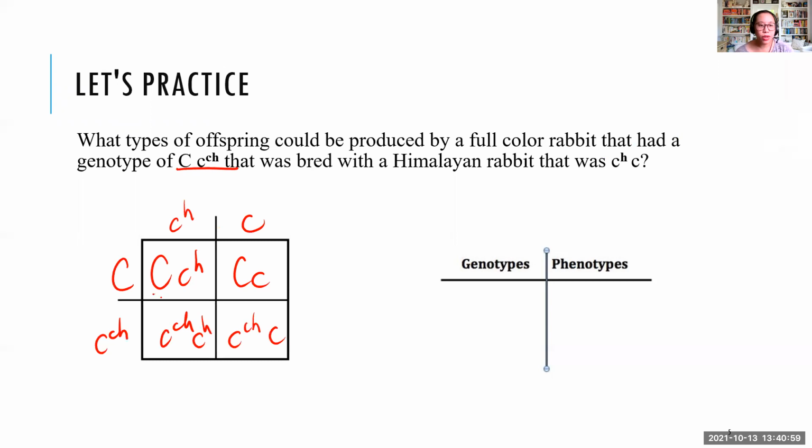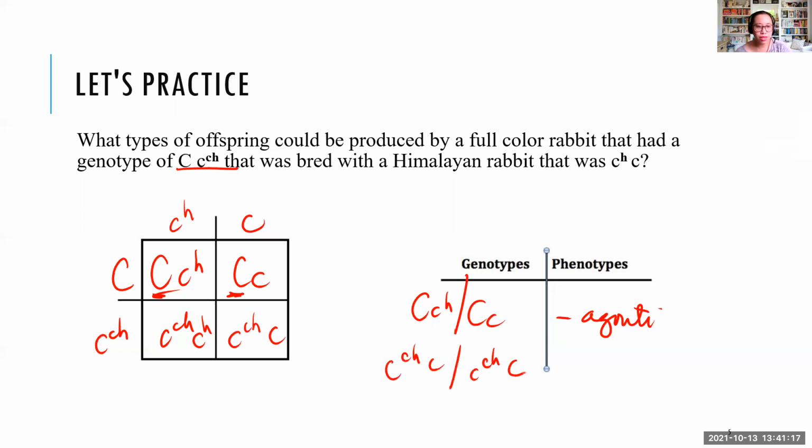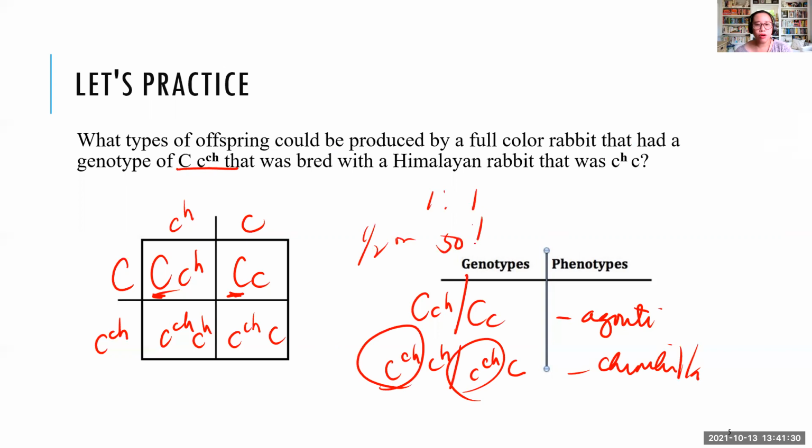Anything with an uppercase C will be a full color or agouti rabbit. And anything with C^CH, so you have the CC^H and the C^CHC^H, even if this has H, still it's going to be chinchilla. So you will see that one half or 50% of your progeny will be agouti, and one half or 50% will be chinchilla.